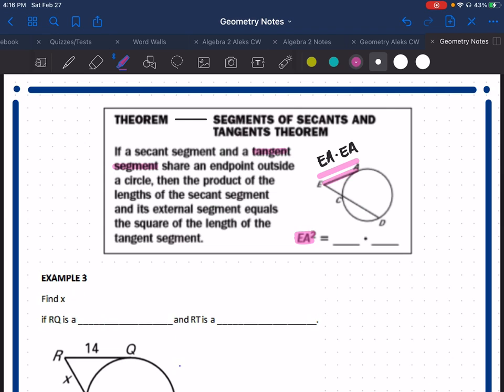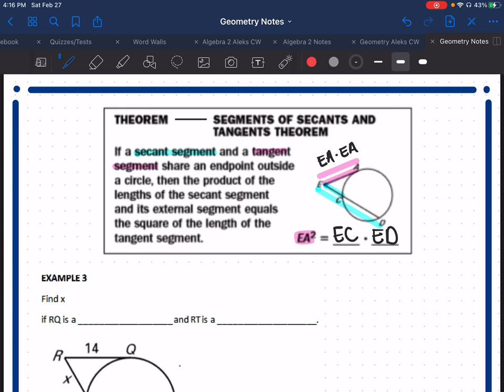What I'm going to do to the secant segment is what we've been doing to the other ones. I'm going to take this external piece, EC, and multiply it by the whole secant. So on the other side, I'm going to have EC times ED.